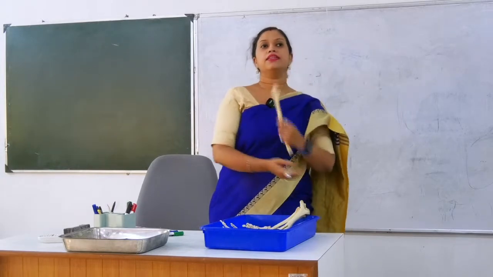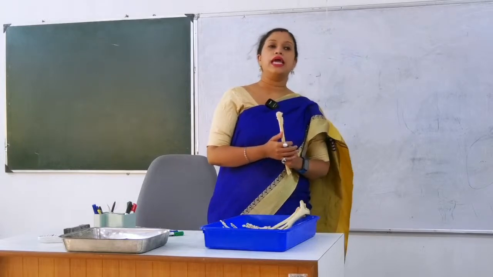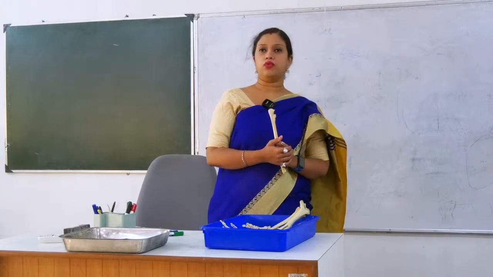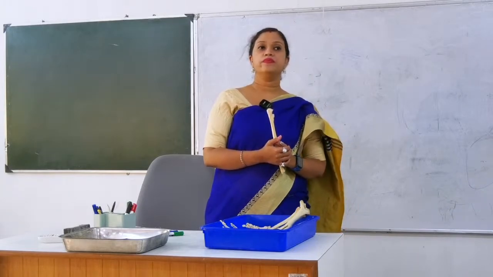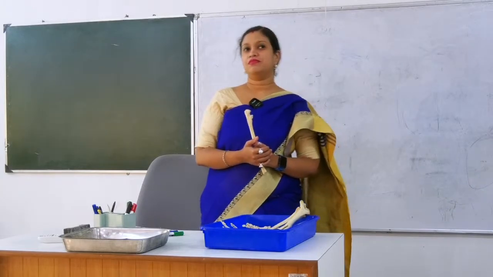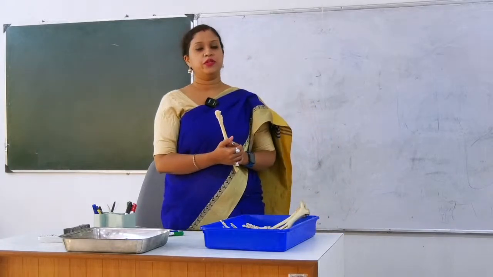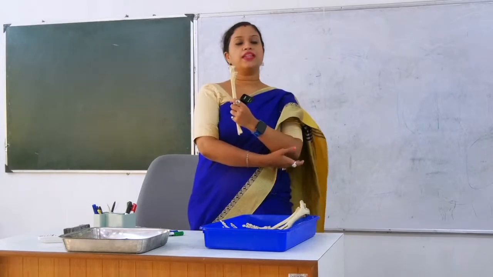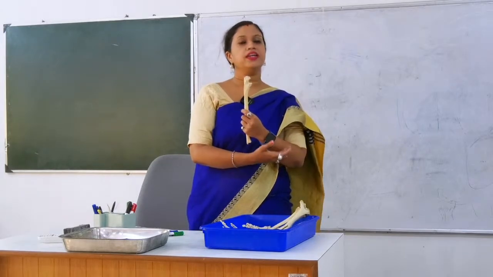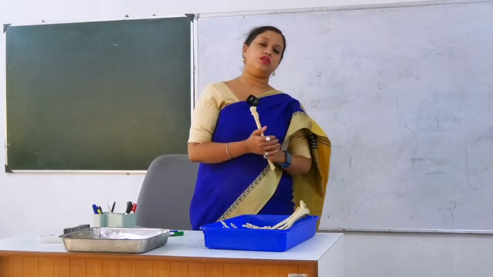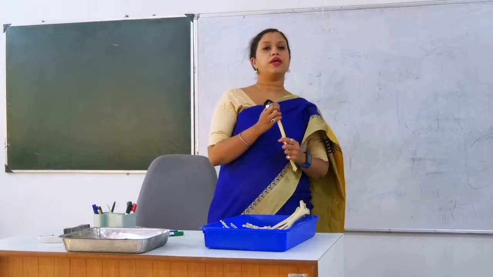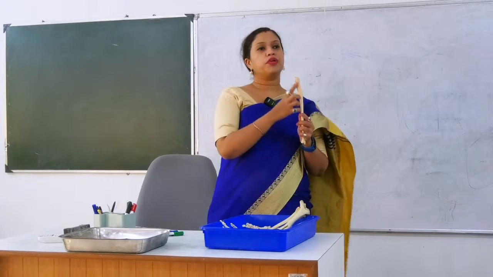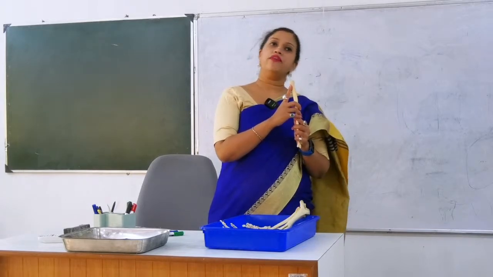If someone asks you the nerve supply of anconeus, what will you say? Radial nerve. Because the radial nerve will supply the triceps, then the supinator, then the anconeus. So these are the muscles that would be supplied by the radial nerve. So here, on the posterior aspect, there is the attachment of anconeus.